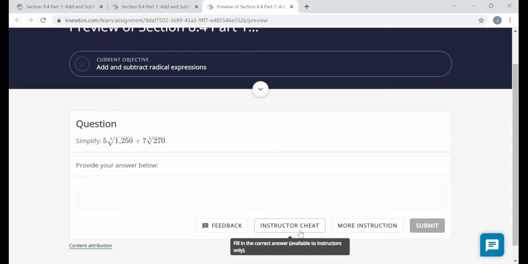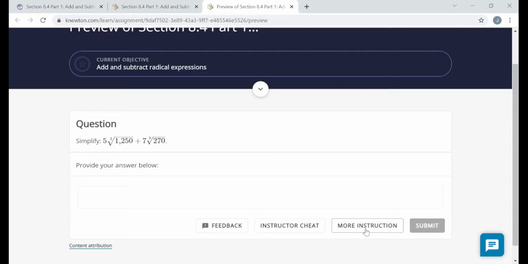You will not see the instructor cheat button. That's for instructors only. But you will see the more instruction button. And I recommend use of this whenever you come across a new objective or you're struggling with a problem in a certain objective.